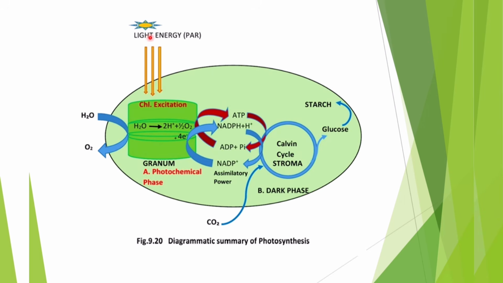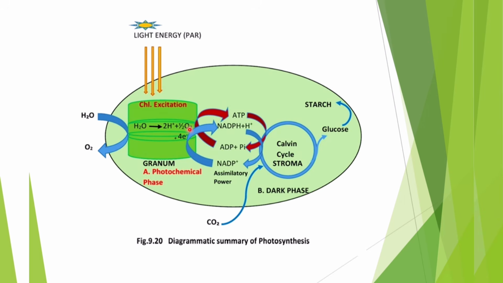So the photon is being trapped, which results in the excitation, and this whole phase, including the photolysis of water, releasing oxygen as a byproduct, is taking place within the granum. This phase is called the photochemical phase. Understand? This is the photochemical phase.